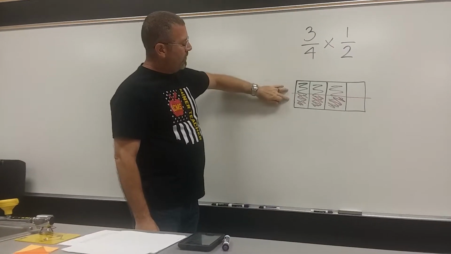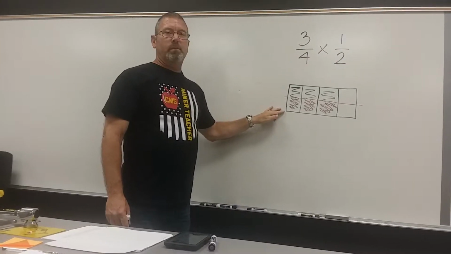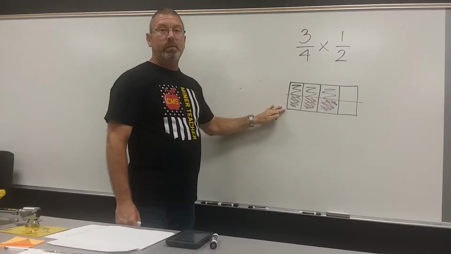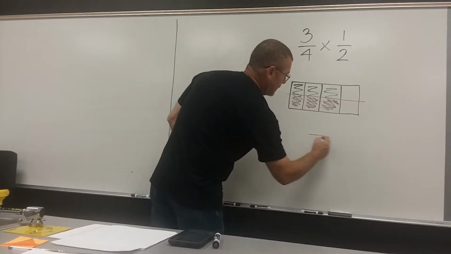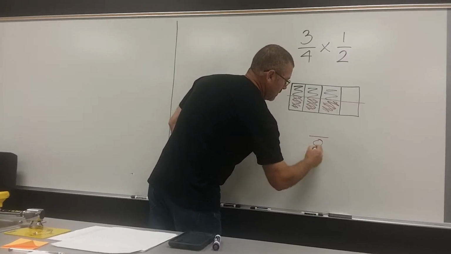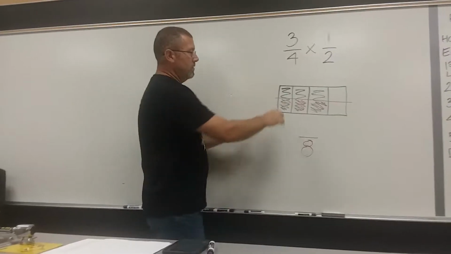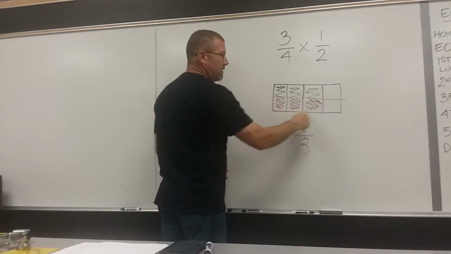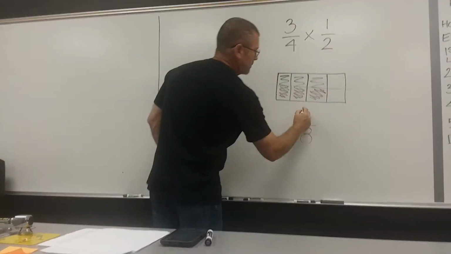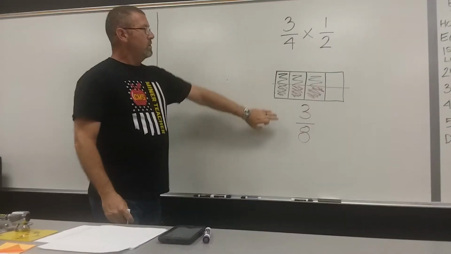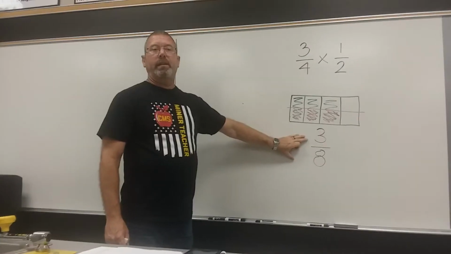But now when I want to figure out exactly what that fraction is going to be, you're going to notice that our whole is no longer divided up into 4 parts, it's actually divided up now into 8 parts. So now my denominator is going to be an 8. Now, in terms of my numerator, how many parts am I dealing with? As you can see here shaded in, I'm still only dealing with 3 shapes out of 8 now. So 3/4 times 1/2 visually is going to give us the fraction 3/8.